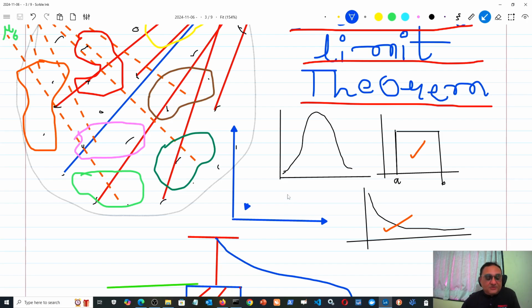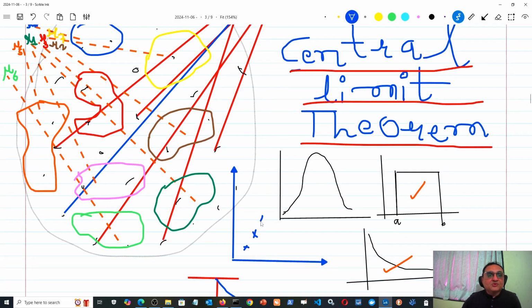So one mean is suppose here, the next mean is suppose here, the next here, and so on, right? If you get the means in this manner and draw a line passing through all these means of a large number of samples.